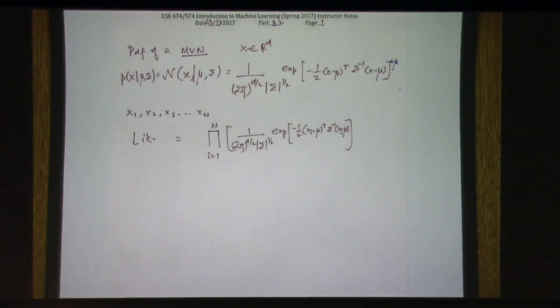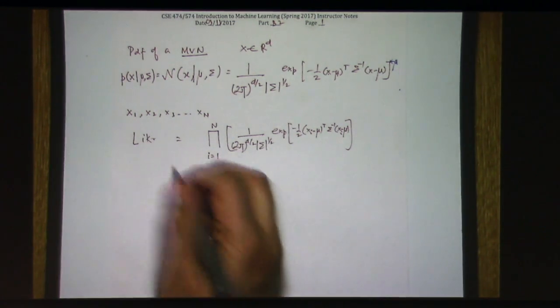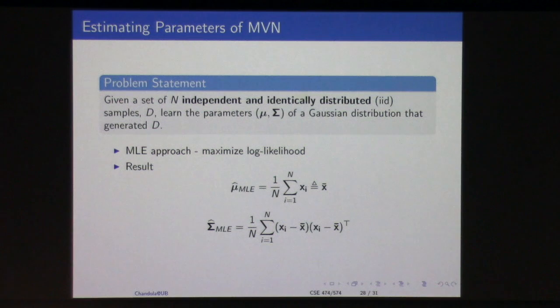So if you look at our handouts, I have the steps there, so I don't want to go through that today. But just to write out the result that we get, when you compute the MLE estimates of mu and sigma, these are the MLE estimates.